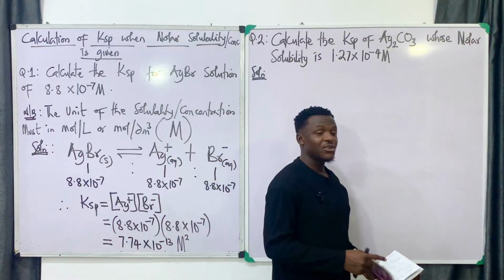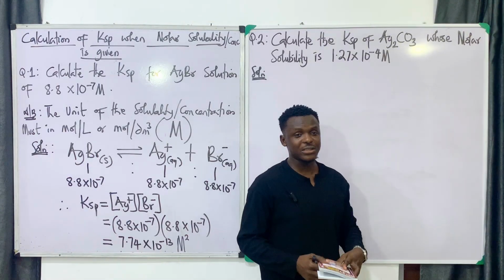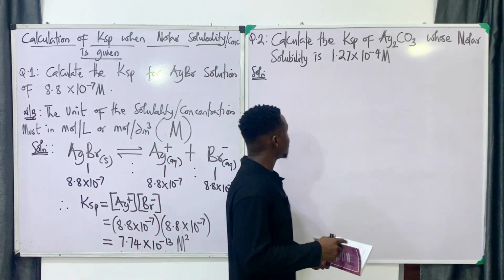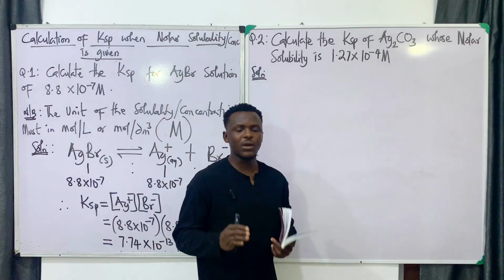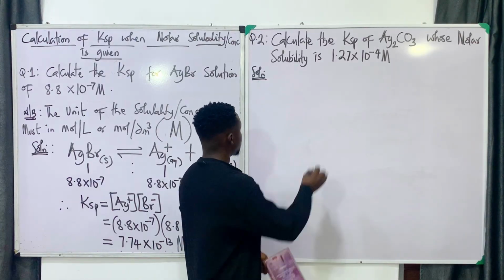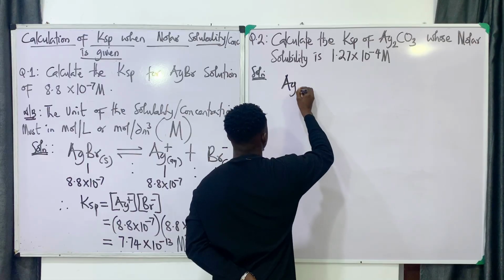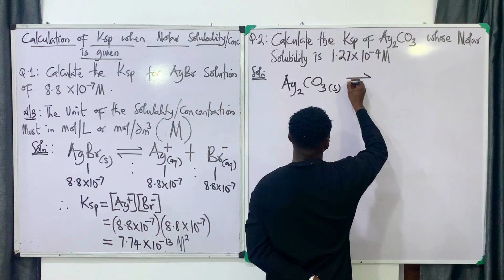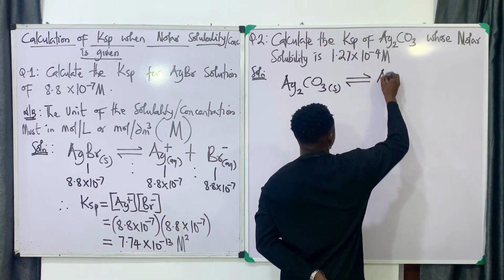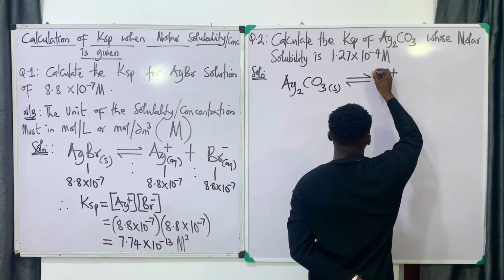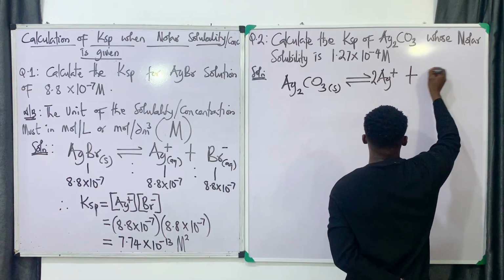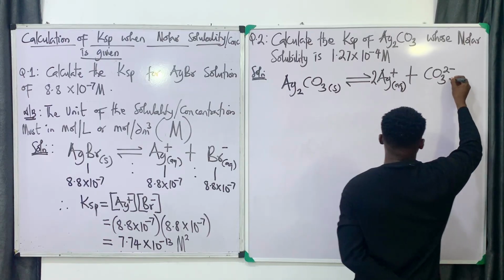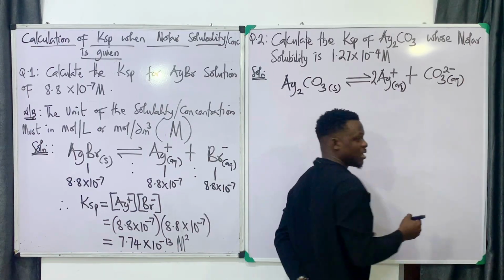That does not mean that once you see molar solubility, you should just start solving without confirming that the unit is molar. First thing first, you need to write the equilibrium expression for this, which is going to be Ag2CO3 solid in equilibrium with 2 Ag plus plus CO3 2 minus, both aqueous.